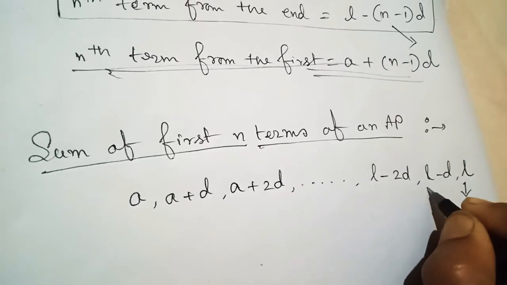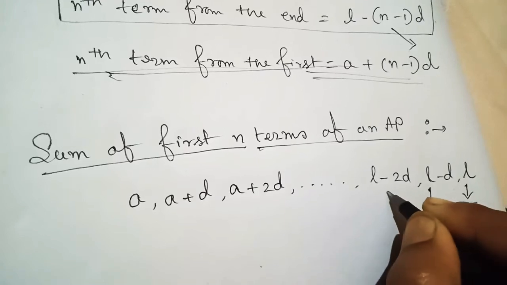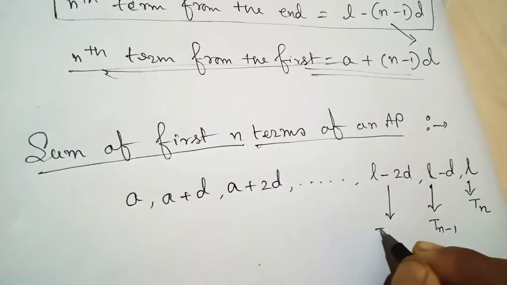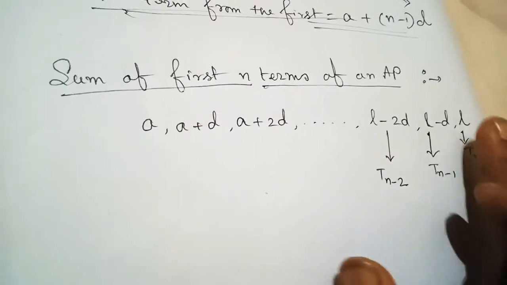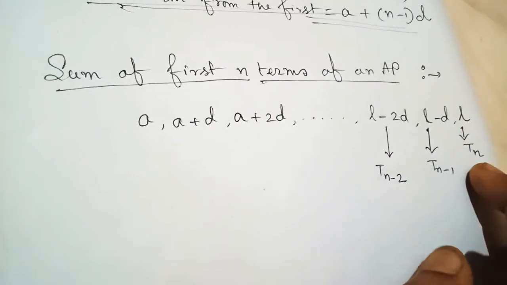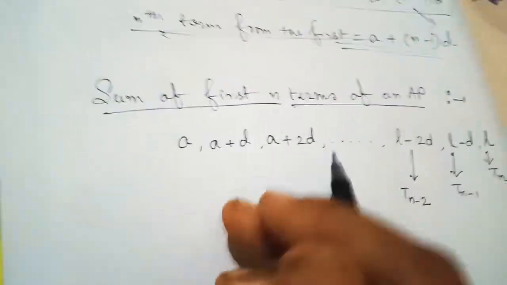That means L minus d is Tn minus 1, and L minus 2d is Tn minus 2. L we have taken as the nth term.